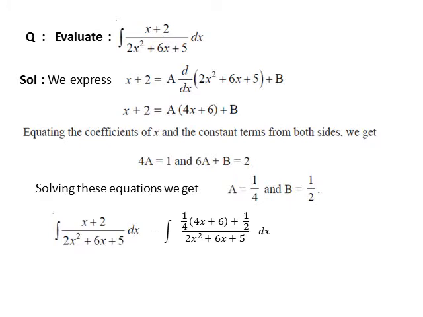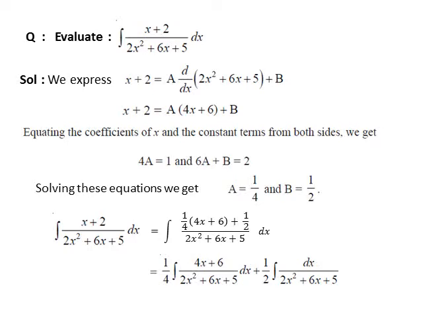In the integrand, x plus 2 is replaced by 1 upon 4 multiply 4x plus 6 plus 1 by 2 as shown. In next step, express this integral as sum of two integrals, that is 1 by 4 multiply integral of 4x plus 6 upon 2x square plus 6x plus 5 with respect to x plus 1 by 2 multiply integral of 1 upon 2x square plus 6x plus 5 with respect to x.